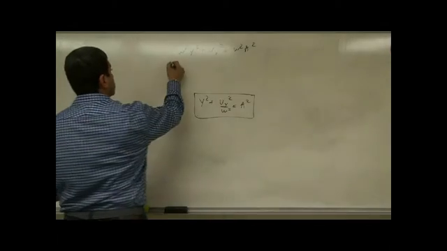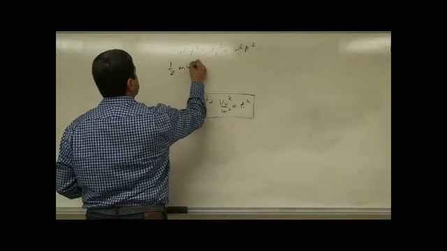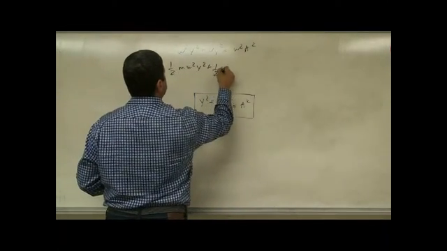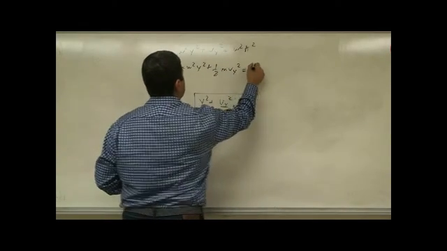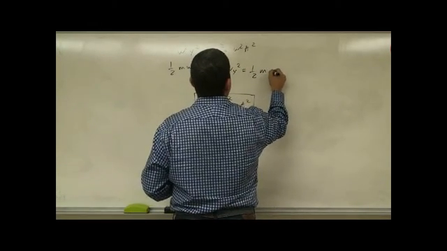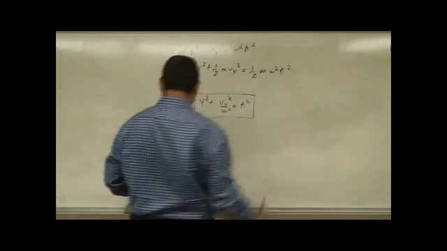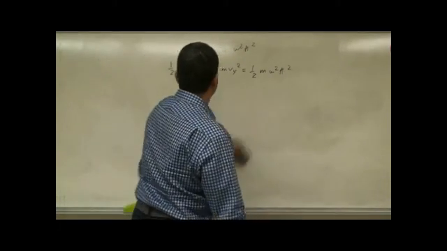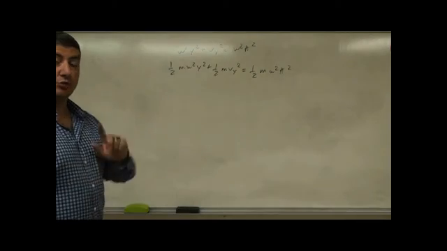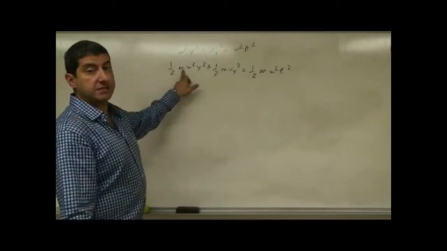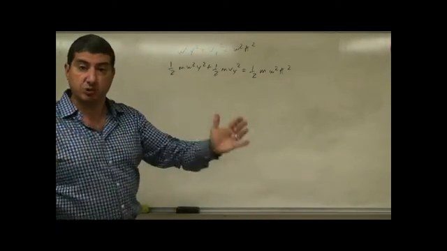Then I can multiply everything by half m. So half m omega squared y squared plus half m v sub y squared is half m omega squared a squared, right? So then what's going to happen? Well, for the wave in the string, the mass is its linear mass density times its wavelength.